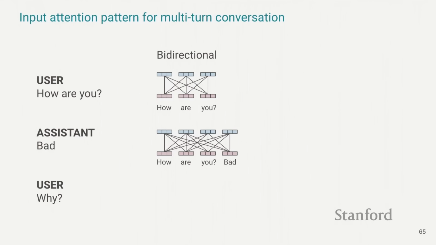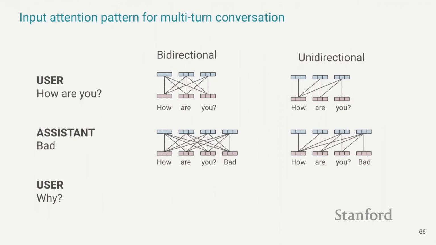Let's think about this more modern conversation between user and assistant: "How are you?" "Bad." "Why?" In the bidirectional case, when we generate "bad," we need to encode this input with the bidirectional attention, which is fine. Then after "bad" is generated, when we're trying to generate "why," we need to encode "how" again, because "how" can attend to "bad," so we need to do everything from scratch again.